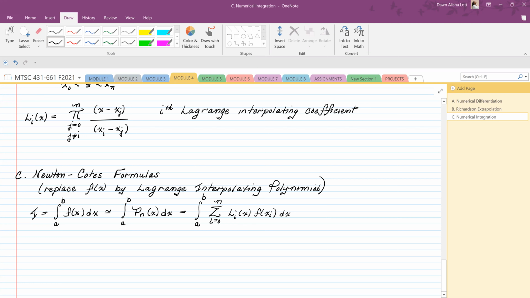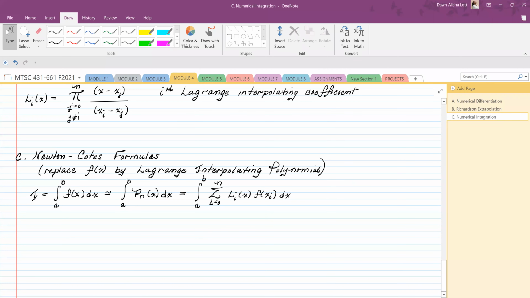Okay, now you can see that the sum and the f of xi's do not have anything to do with x, so I can pull that out. All right, so when I pull that out, I get that I can take out the sum i equals 0 to n, the f of xi, and then I get the integral from a to b of Li of x dx.